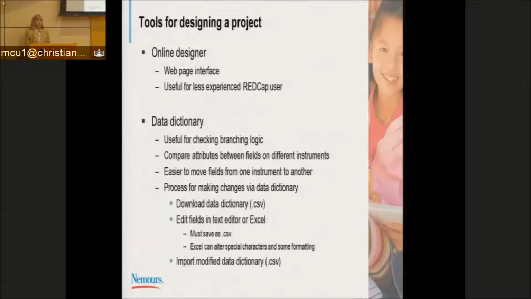And the process for making changes with the data dictionary is to download the data dictionary from within REDCap, and then open that CSV file with a text editor or Excel, and then make your changes, and then save the file as a CSV file, and then import the data dictionary into REDCap. And then any changes that you've made to the data dictionary will be imported into your project in REDCap.